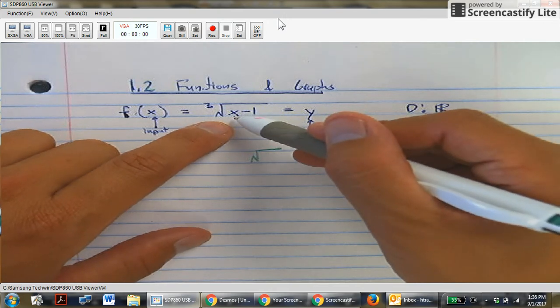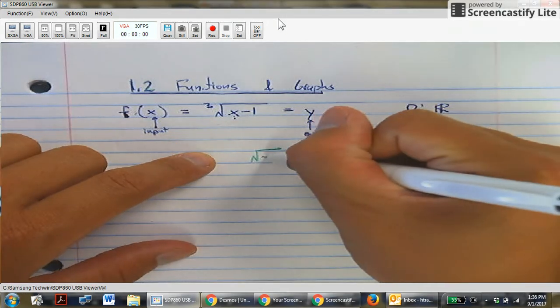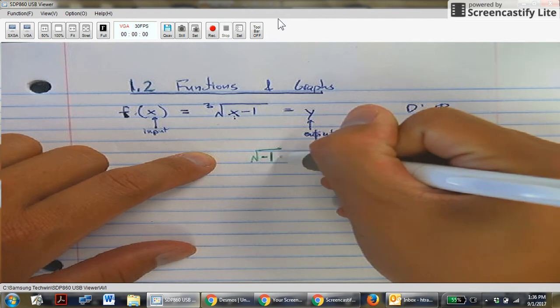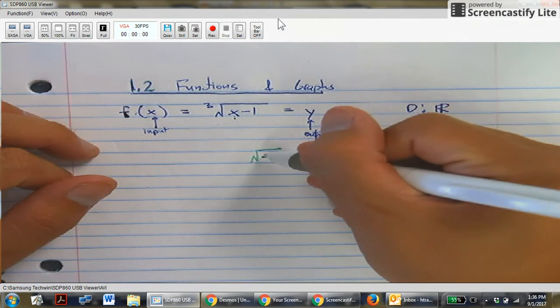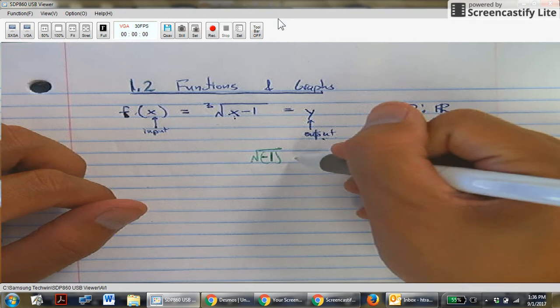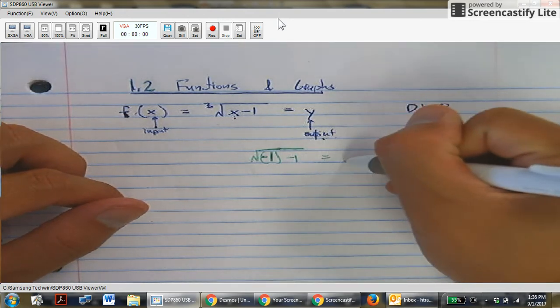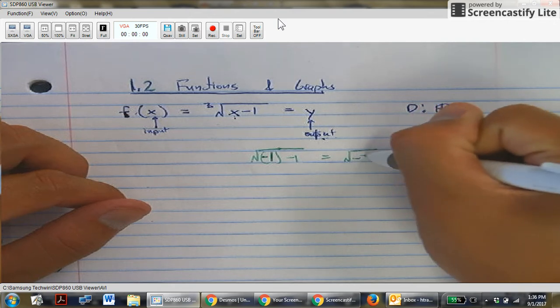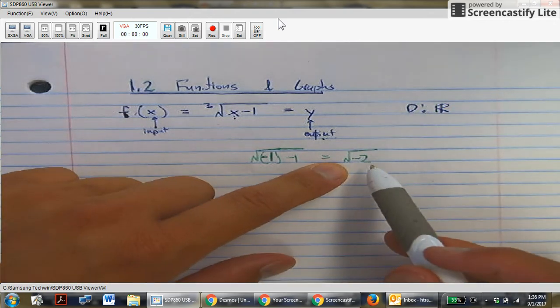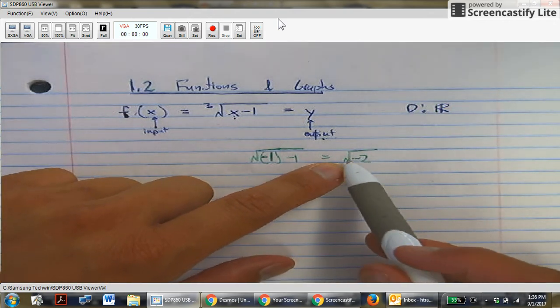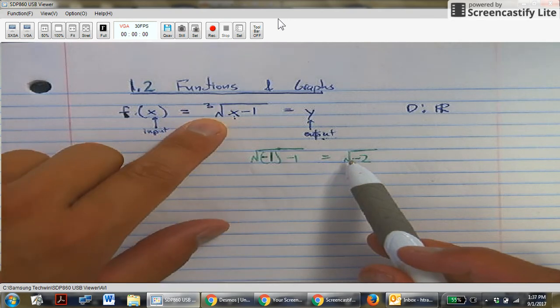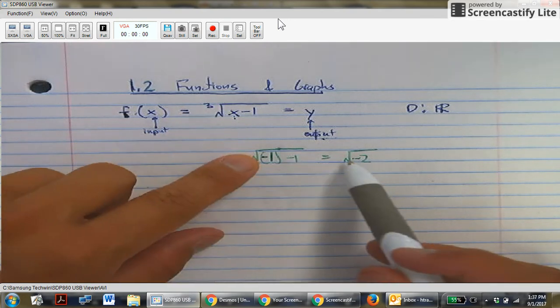But if it was like -1, so let's even try that. What if it was 1 or -1 as my x value minus 1? If that happened in a pure square root, you can't take the square root of a negative number. Okay, but this is not a square root. This is a cubic root.